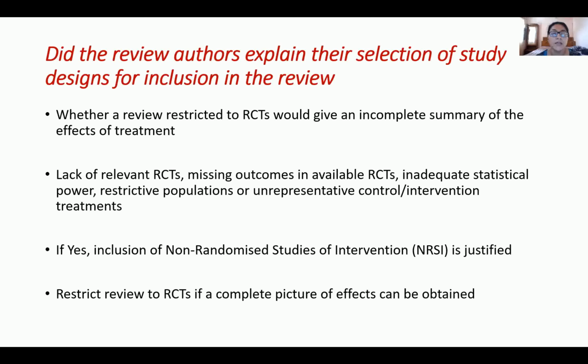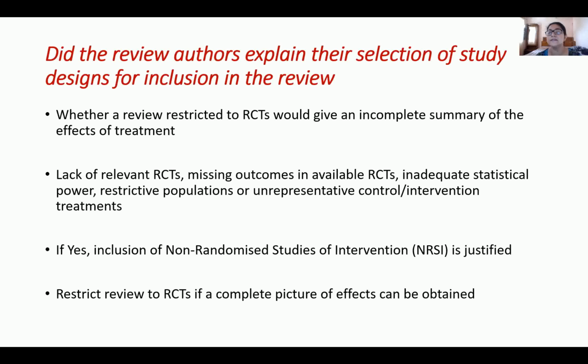So if the restriction is only to RCTs, or if RCTs are lacking, and these points are justified, then in the systematic review the authors can include non-randomized studies of intervention.